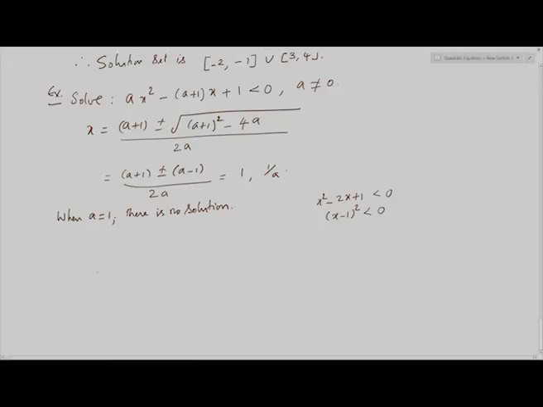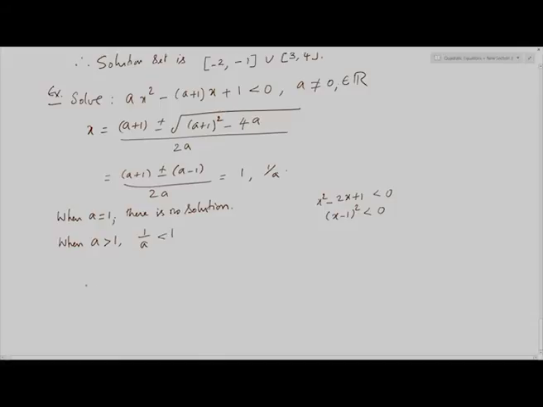Now let us take the other case. It is given that a is just a non-zero real number. Now when a is greater than 1, what is happening? When a is greater than 1, obviously 1 by a is less than 1. a is not equal to 0, remember.